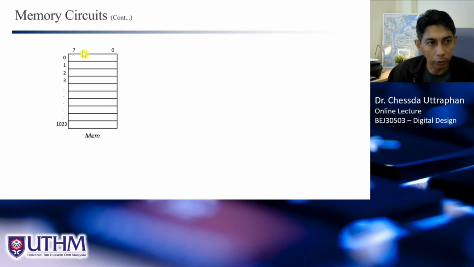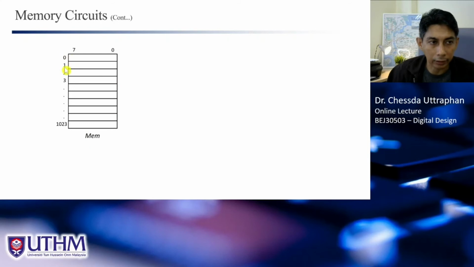Yeah, 0 to 7 is 8-bit, and 8-bit is 1 byte. So one memory location here is 1 byte. So we have 1024, including 0. Because this is 0, 1, 2, 3, the last number will be 1023. But in total, we have 1024. So 1024 in digital or in computer is 1 kilo. In this case, this is a 1 kilobyte memory, right?